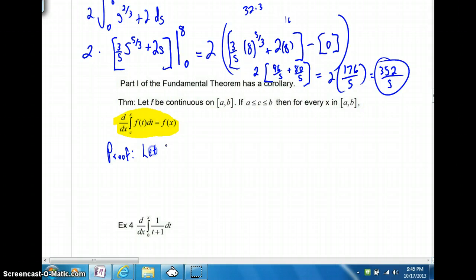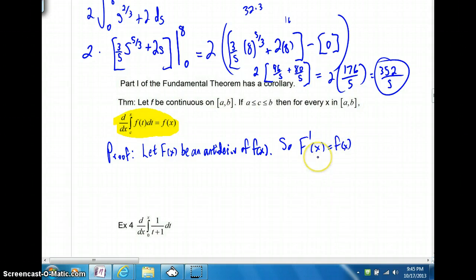Let capital F of x be an antiderivative of little f of x. What that means is, another way of writing this, we can say, so the big capital F, when I take the derivative of that, I'll get little f of x.